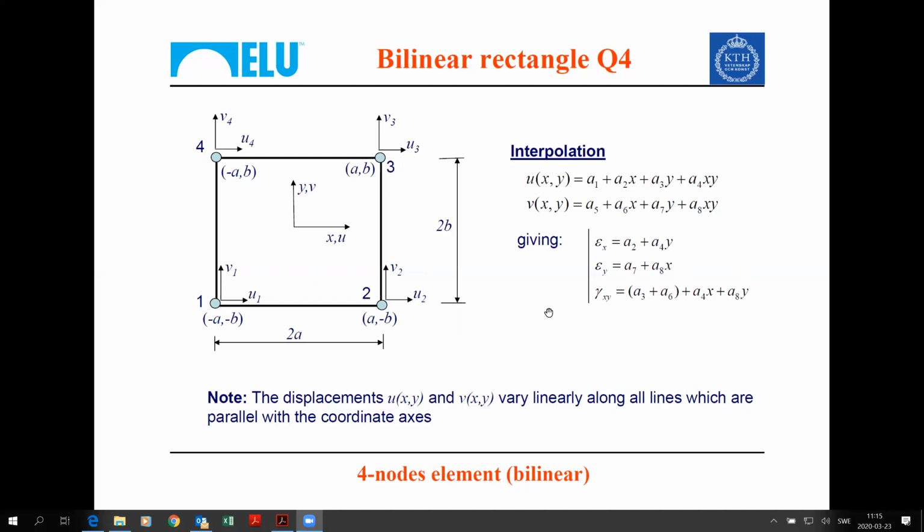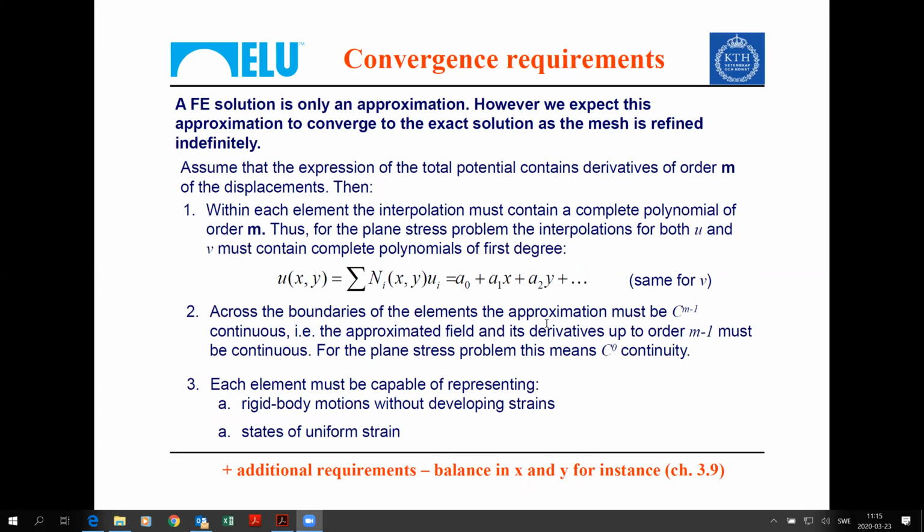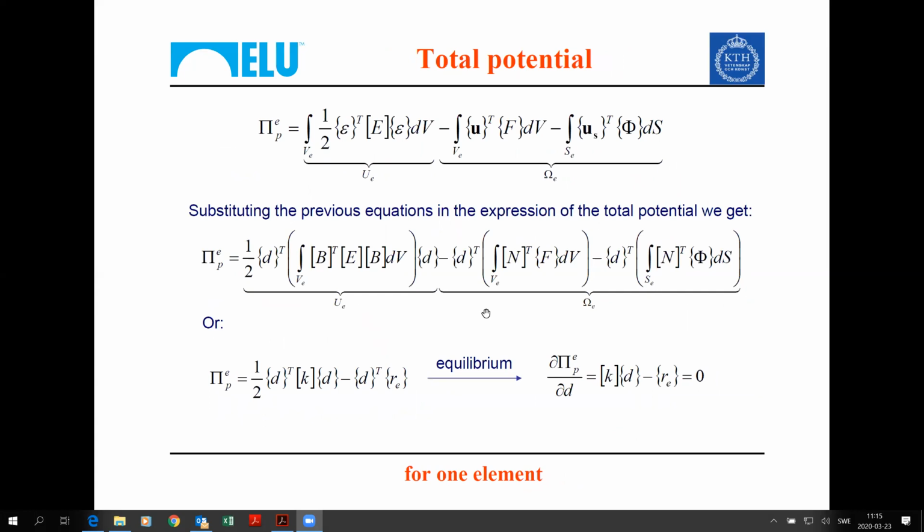Questions? Yes, on the page of total potential, some pages previous. I just want to know, in the first equation, the last term, does it mean the potential caused by shear deformation, right?